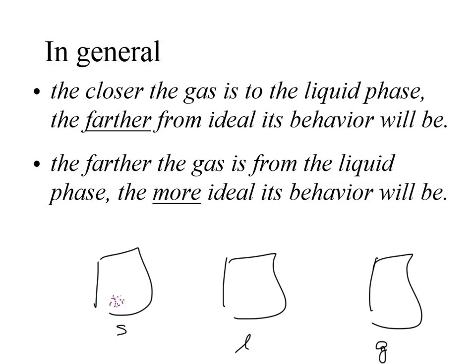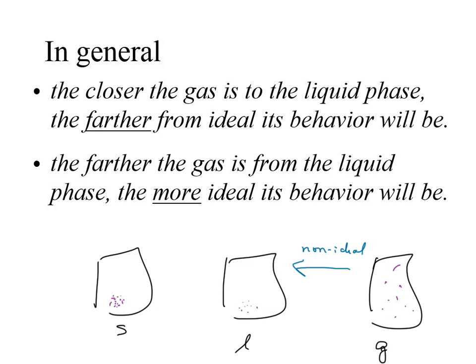Liquid particles have more kinetic energy, some intermolecular bonds, but fewer. And gas particles are like this. They have a lot of kinetic energy, basically no intermolecular bonds. So that's why this talks about ideal behavior and its material in its liquid phase. The closer the gas is to becoming a liquid, the more it's what we say non-ideal.